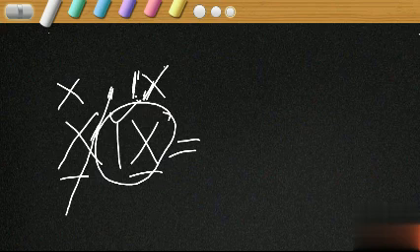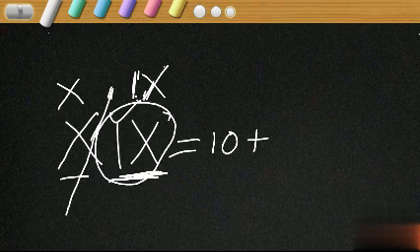X means what? We know 10. Okay. What about IX? IX means our third rule. What is the third rule? If a smaller numeral is written on the left side of a greater numeral, we have to subtract the smaller numeral from the greater one.